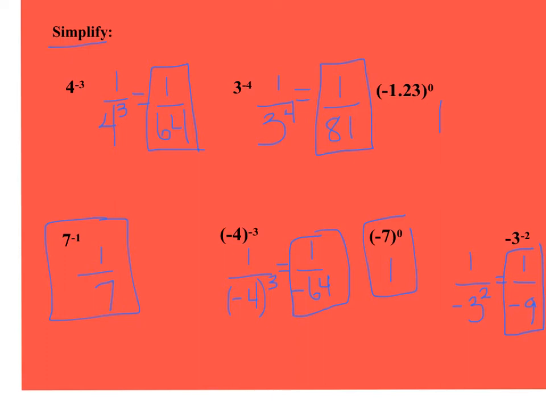Take a look at the last 4 examples and make sure you have those answers. Notice it gets kind of tricky sometimes to work with those negatives. There is a difference between when the negative is in parentheses, then that's the base, and when the negative is not in parentheses, then it's only the 3 that's being squared here, and then that negative just gets attached at the very end.